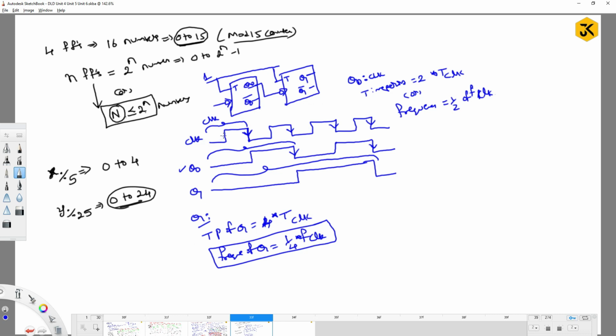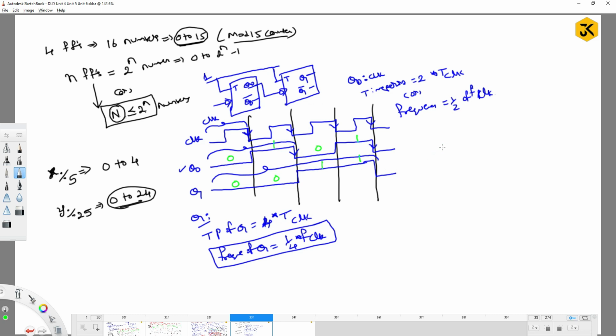If you would like to see how it is counting, let me draw. See, this is one clock, this is another clock, and another clock. If I give the namings for this, this will be 0, this will be 0, this will be 1, this will be 0, 0, 1, and this will be 1, 1, right?